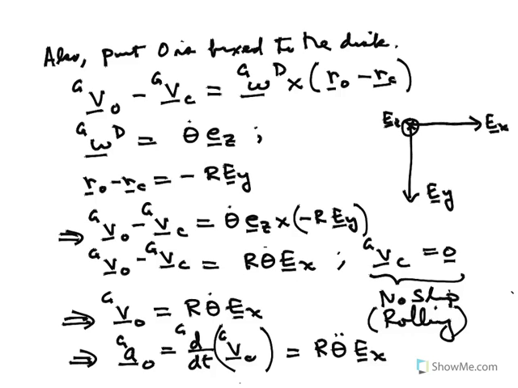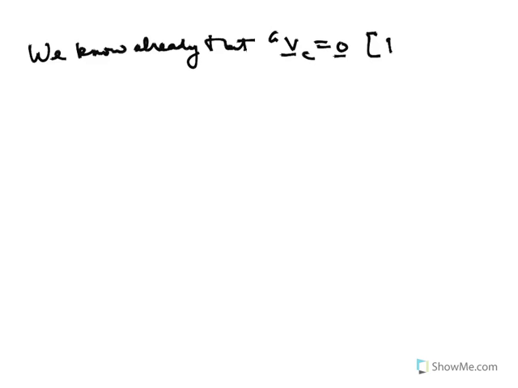There's no transport needed because the basis vector EX is already fixed to the ground, so I don't need to apply any transport. So now we have the velocity and acceleration of point O. Now let's get the velocity and acceleration of point C. We already know that the velocity of point C is 0, and again, that's from the rolling condition.